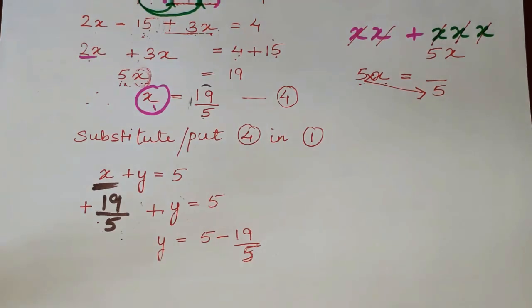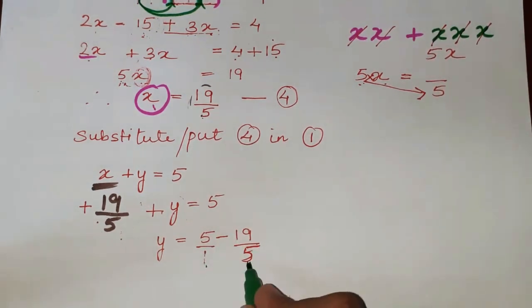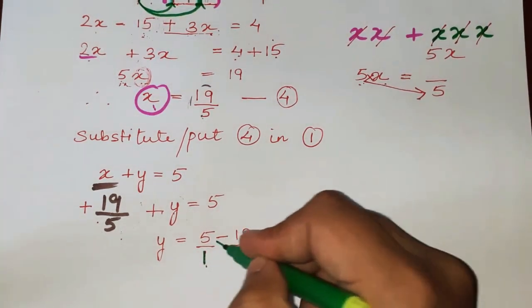Okay, so now a simple operation we have to do. Since this is a fraction, we also need to make this a fraction for easier solving. So since there is nothing, I'm just going to put a 1 down. And now the simple cross multiplication method. If the denominators were the same, there would be no need to do this, and we could have directly subtracted, but here the denominators are different. Here it is 1 and here it is 5, so we are going to cross multiply.